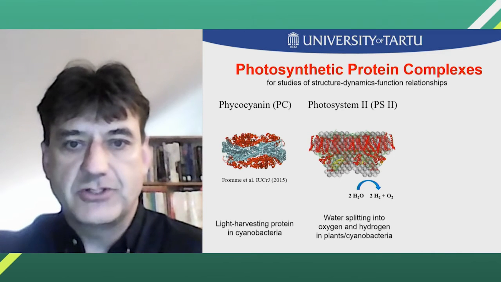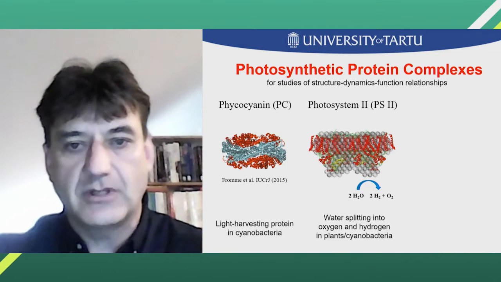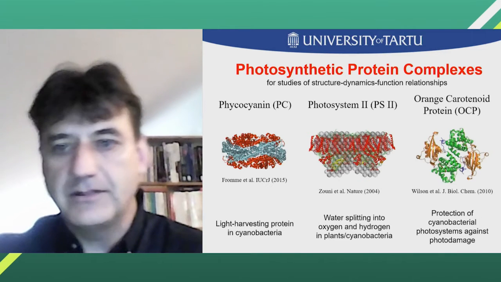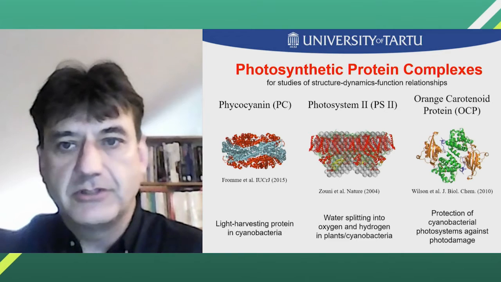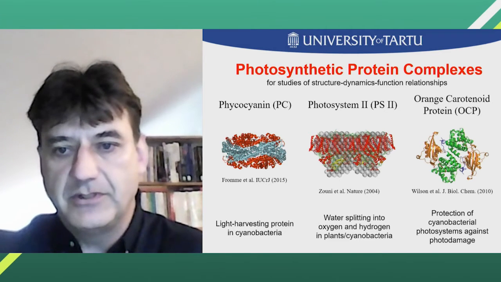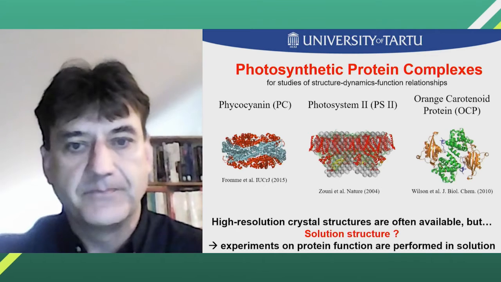But you can imagine that at the moment there is a technological interest in this protein because it may teach us how to produce hydrogen from light. And finally, I will speak about the orange carotenoid protein, which is active in photoprotection of light harvesting systems.